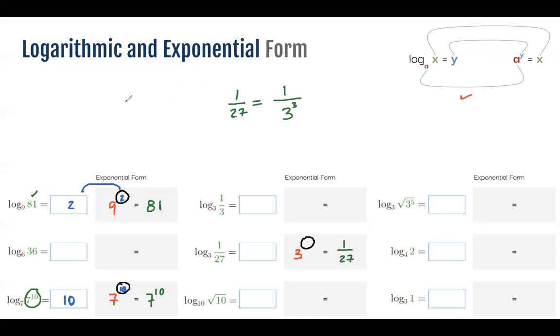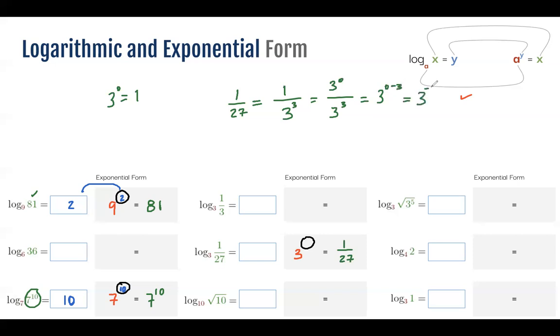Any value raised to the power of 0 is 1. So I can write this as 3 raised to the power of 0 divided by 3 raised to the power of 3. And whenever I'm dividing two things with the same base and an exponent, it'll be a subtraction. So this is 3 raised to the power of 0 minus 3.